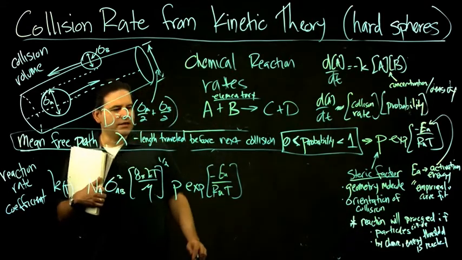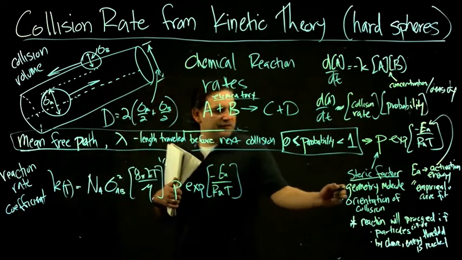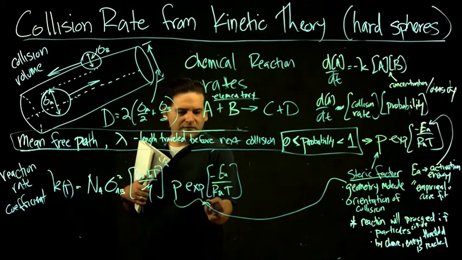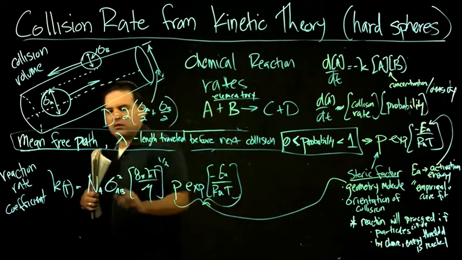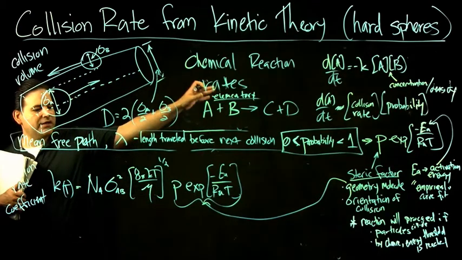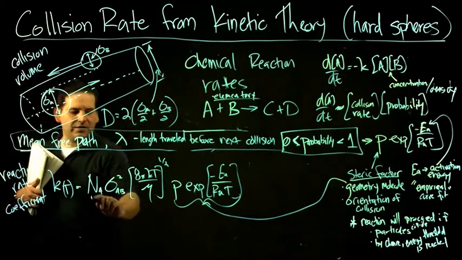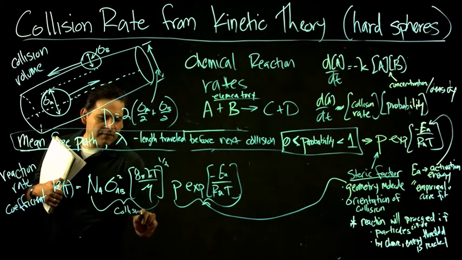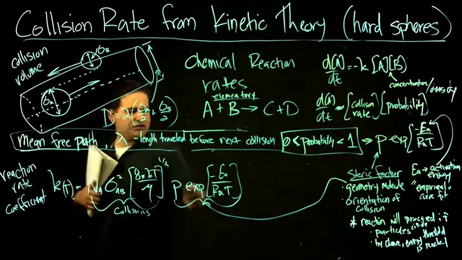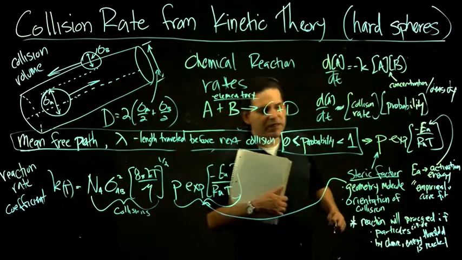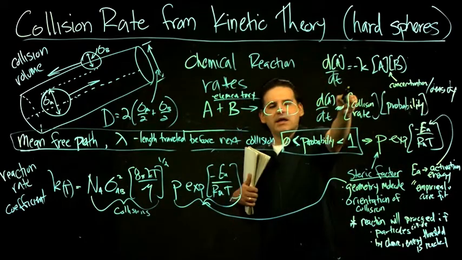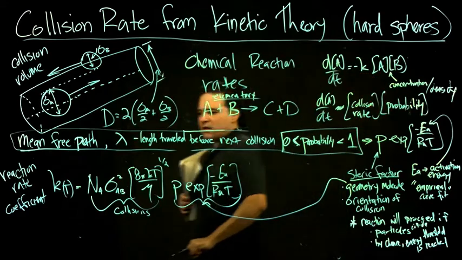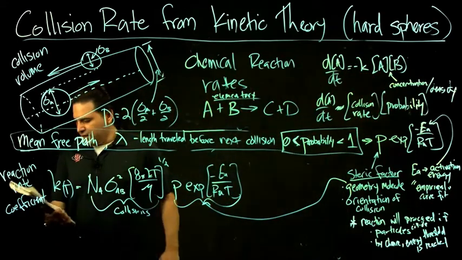So that's what we're saying. This is all of that stuff. The actual part of this collision rate depends on how much they collide. This is the collisions part, and the chance that they will meet additional criteria. And if you put this next to the concentrations, that's the number density part of the collision rate.